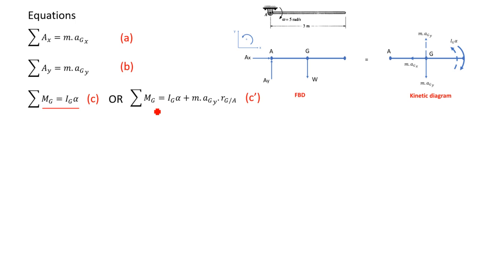Okay, so it doesn't matter. RG to A mass multiplied by AG. So that will be the MA, not the MG. I need to change that in the slide I'm going to give you in the class.